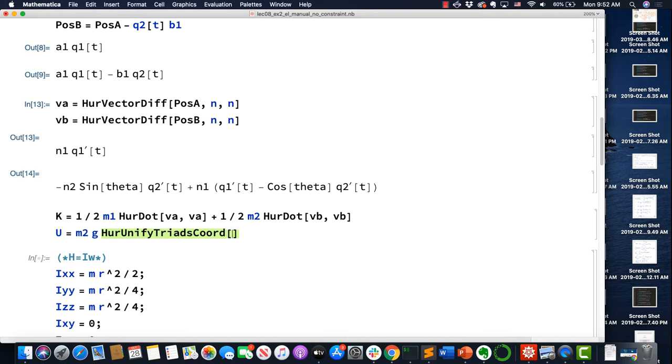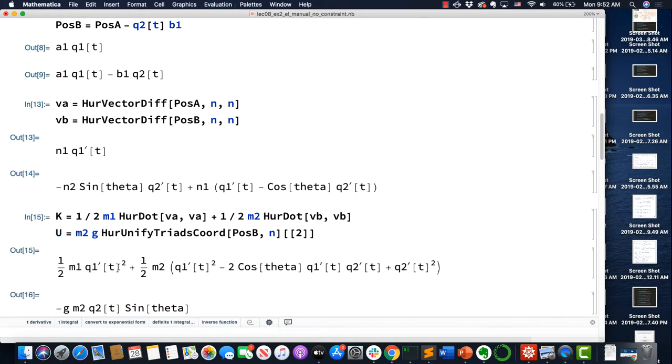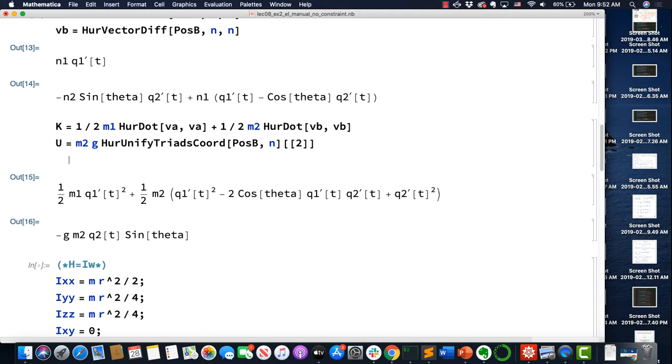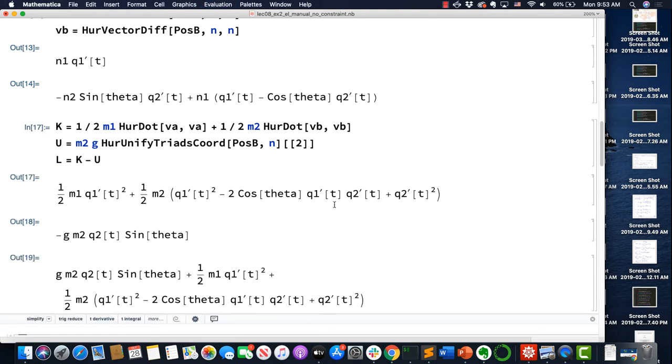So then it's position vector B, and we want to express it in terms of reference frame N, and so get the second component, which is the vertical position. So run it, then you'll get this. So we got kinetic energy and potential energy, and so just define Lagrangian, which is K minus U. So we now have the expression for this.